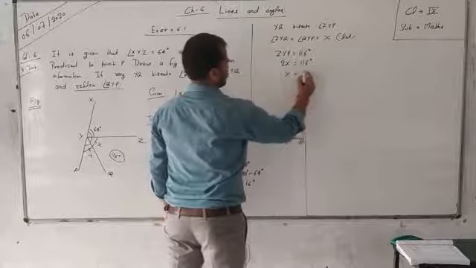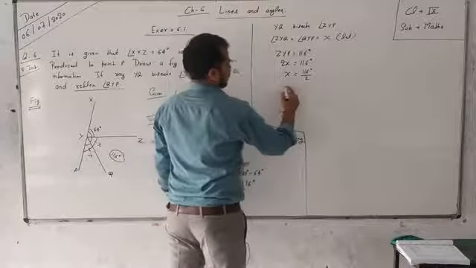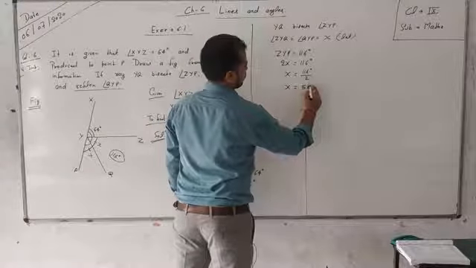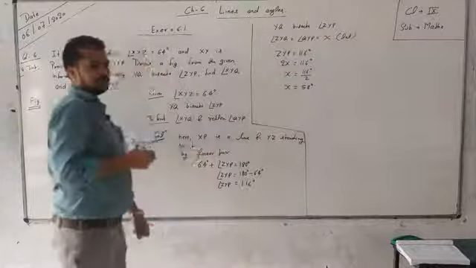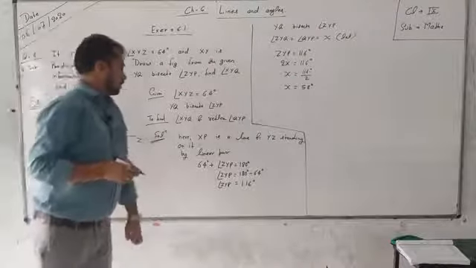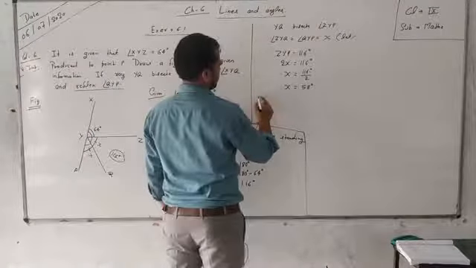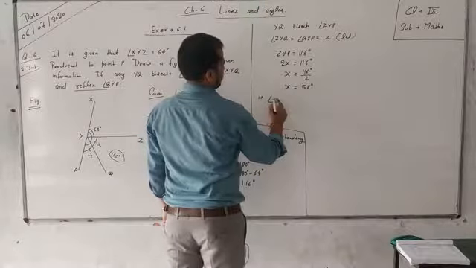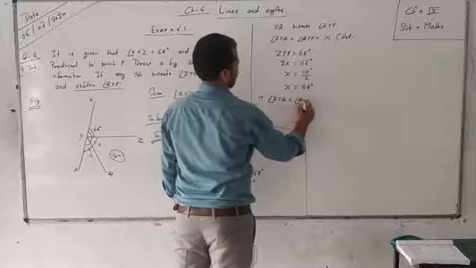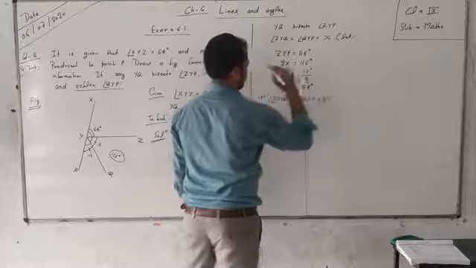X is equal to 116 upon 2. And now it is what? X is equal to 58 degrees. It means you got the value of angle ZYQ is equal to angle QYP is equal to 58 degrees.